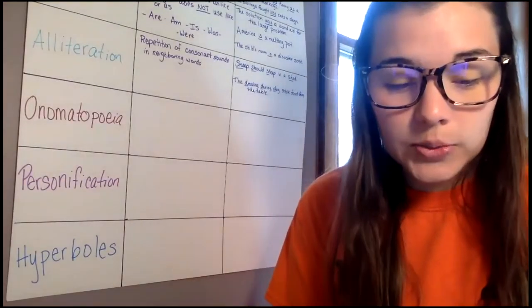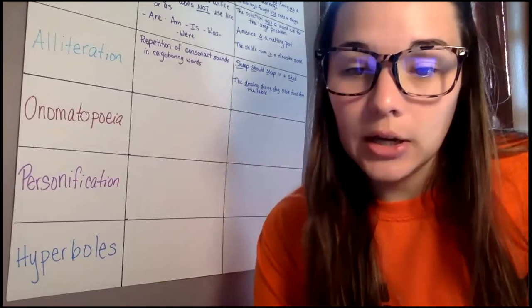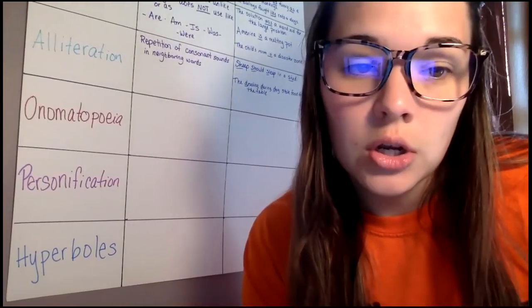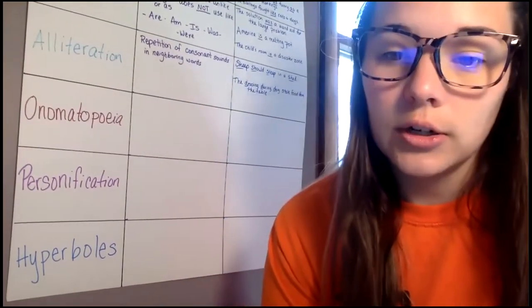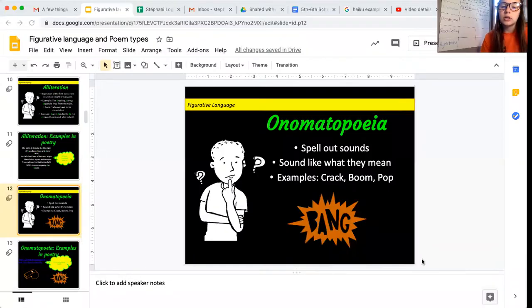So first we have onomatopoeia. Let me share here the definition. An onomatopoeia spells out words and they sound like what they mean, like crack, boom, pop. A lot of comic books use onomatopoeias, and they might look something like this, where the word pops out at you.